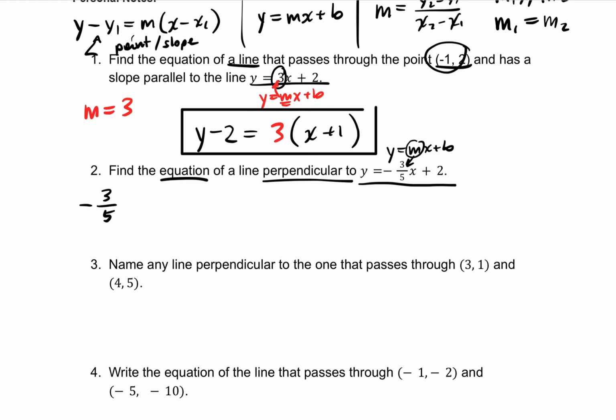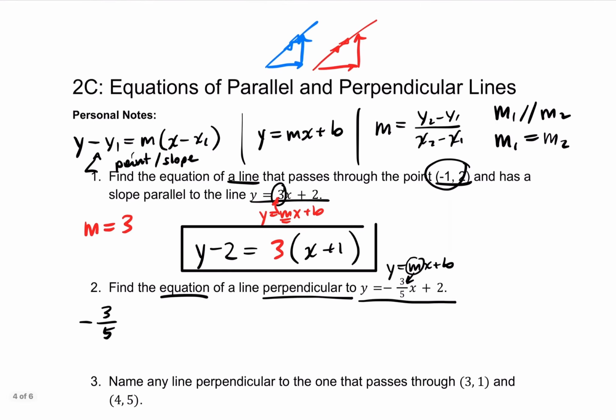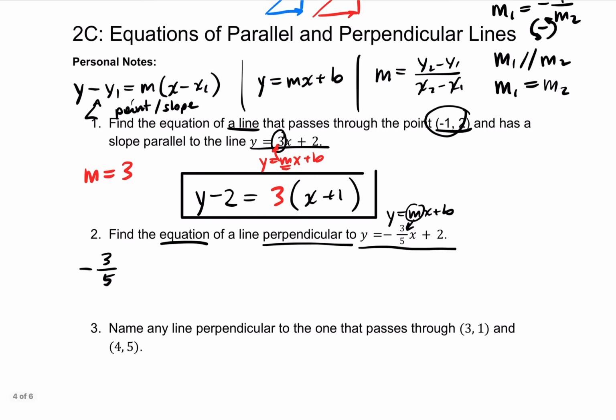If we want slopes to be perpendicular, then we want them to be the opposite reciprocal of the other. I like to think of it like the negative flip. You flip the fraction over and then make it negative. In this case, flipping gives negative 5/3, and then making it negative gives positive 5/3.